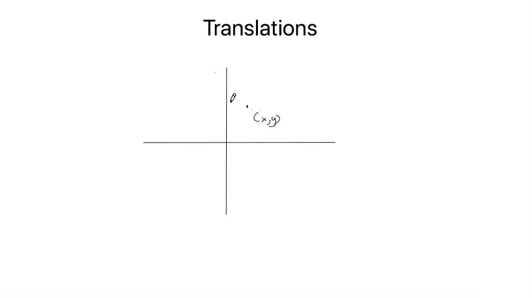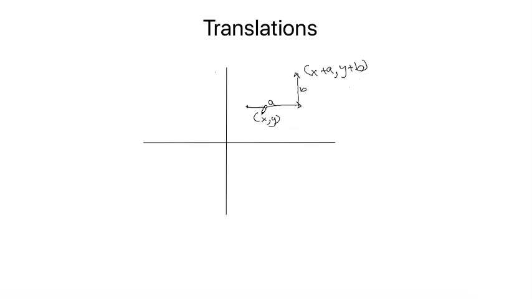If we want to move that point to the right, a units, and up, b units, we end up with the point x plus a, y plus b.